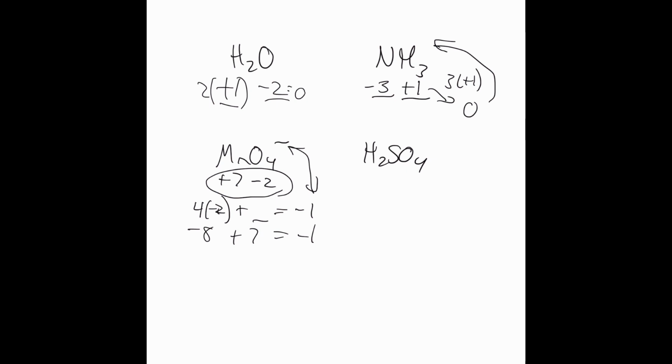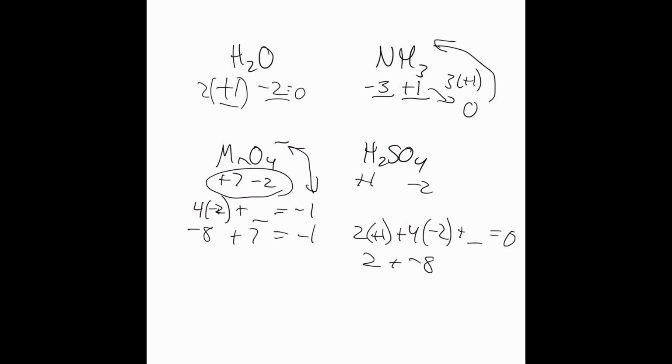Now we go to our last one, which is one of our strong acids, sulfuric acid. So here we have 2 components that we can automatically assign already. We got -2, we got +1, and now we need to do a little math, because we've got 2 times +1 plus 4 times -2 plus whatever that is equal to 0. Okay, so this is 2, that's -8.